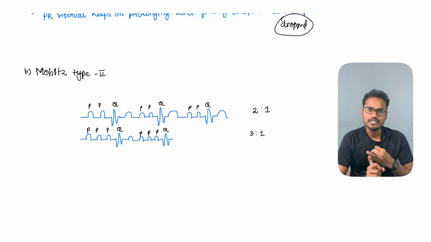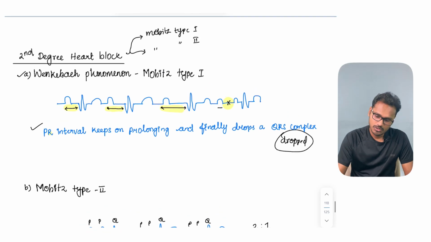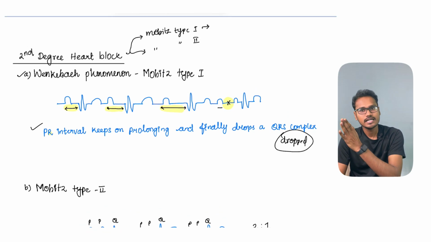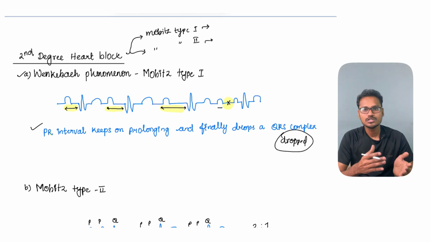In third degree, all the impulses of the atria are not conducted to the ventricle. The atria is beating on its own and the ventricle is beating on its own. Whereas in second degree, we have 2 more divisions: Mobitz type 1, where the PR interval keeps on prolonging until the QRS complex is dropped, and Mobitz type 2, where there are certain patterns like 2:1, 3:1, that is 2 P waves followed by 1 QRS complex.